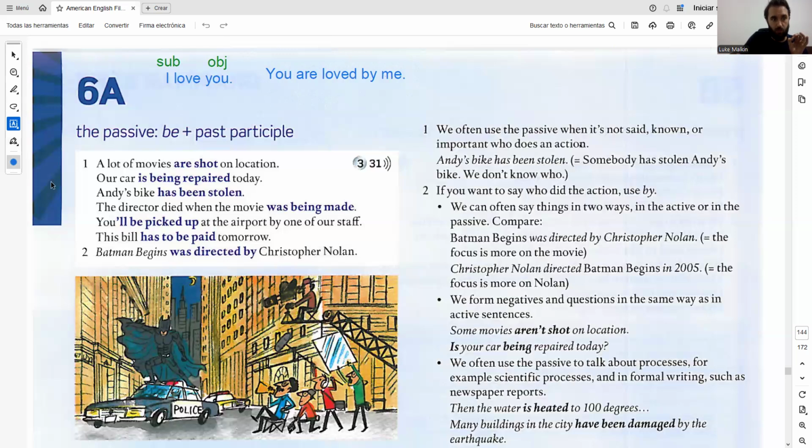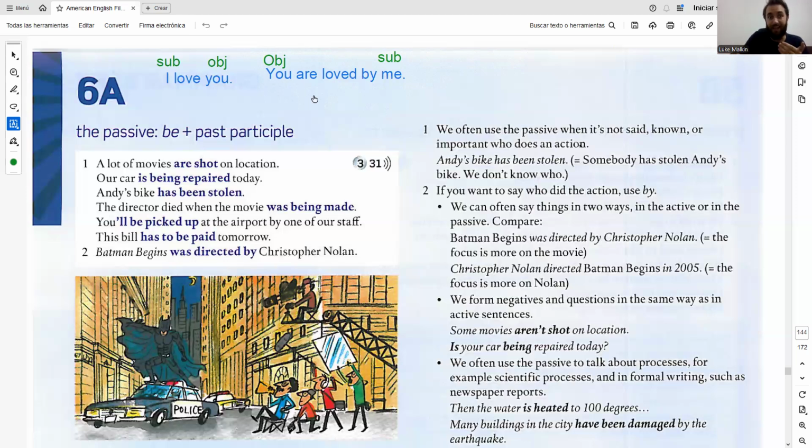Still, you is the object because I am loving. And me, I'm still the subject. But here I changed the style of the subject of the sentence to make it more about you. Okay?